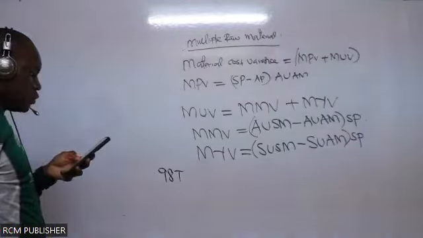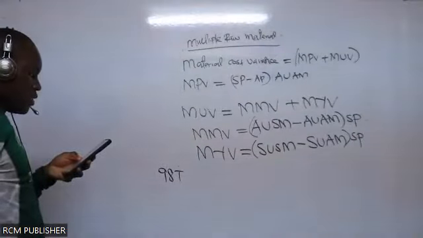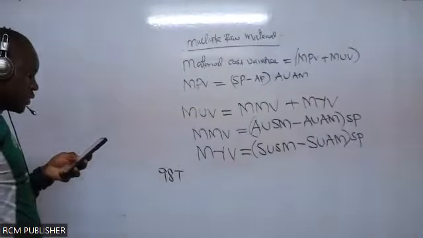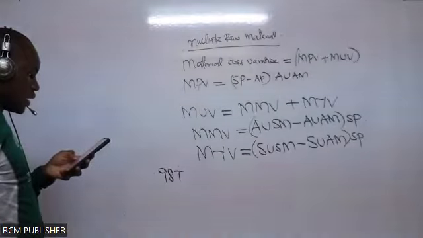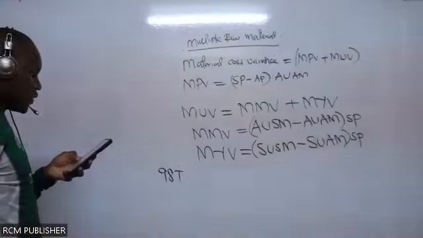In the period, the output was this, and the inputs were as follows. So that's the actual output given down there.